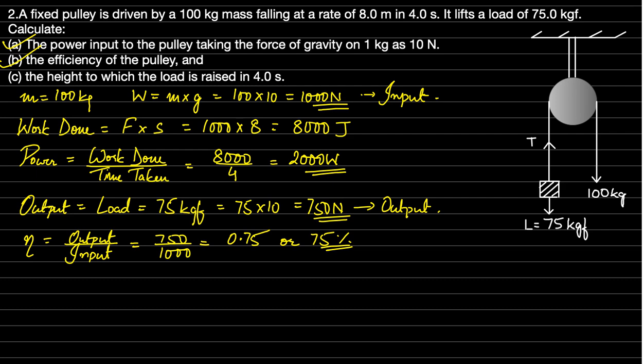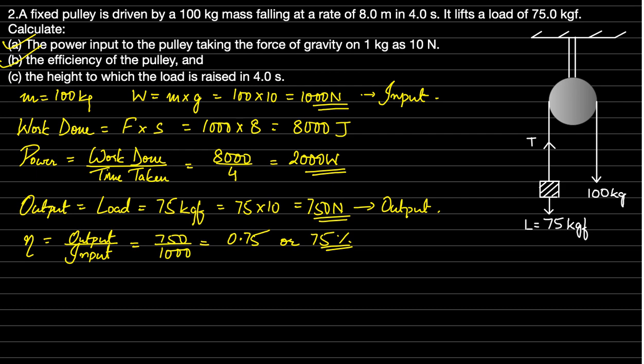So we have got the A part of it here, we have got the B part of it. Now the C part, for finding the C part, we need to find the height to which load is raised in 4 seconds. So for that, we will have to find work done in 4 seconds. But work done in 4 seconds, we have already got it.